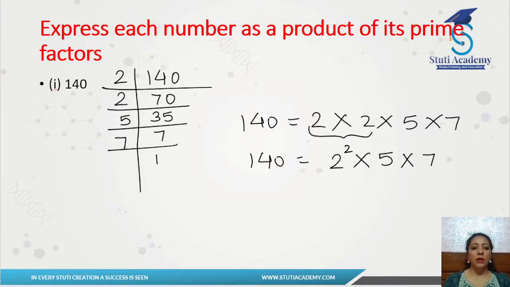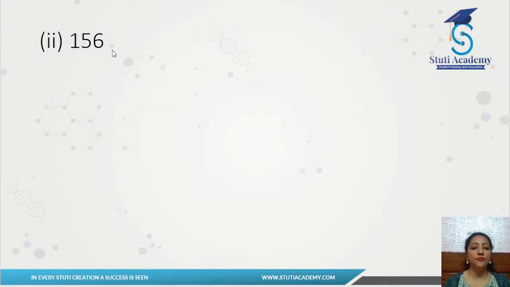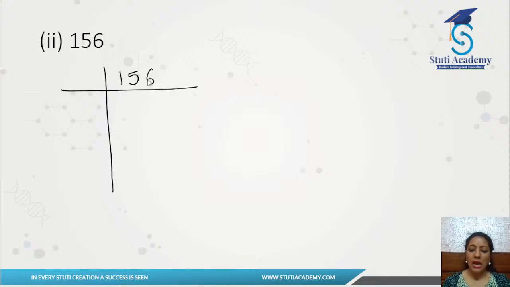Okay. Now we'll do the same in the second part. We have 156 here. That's the second part where we again have to prime factorize this. So we are going to start with this 156. As we can see, it's an even number. We'll start by 2. So we'll write here 2. And then we'll get 78. 78 again is an even number.